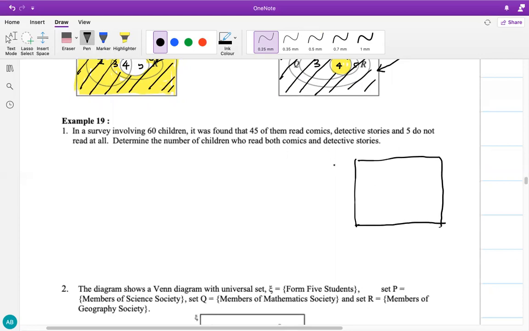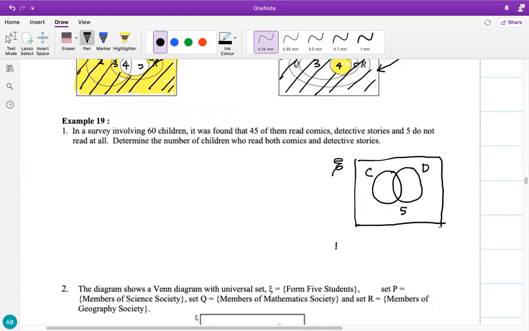So if I draw it out, this is the survey, those who did the survey. Of course, we are only looking at reading comics and detective story. You can see that there are 5 who did not read.